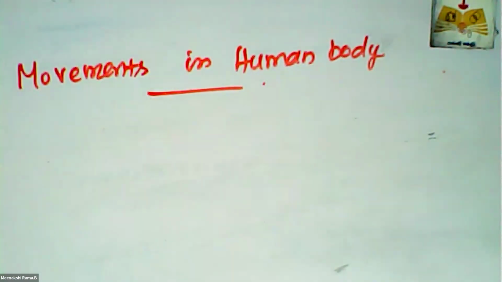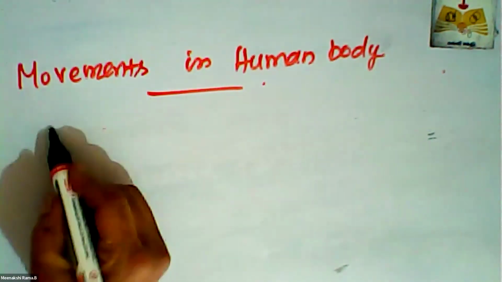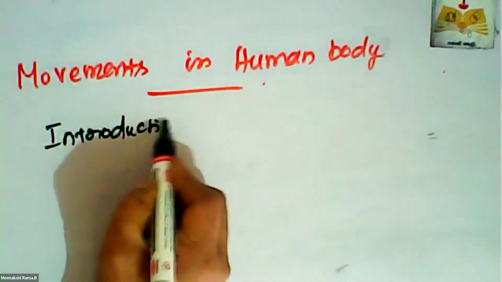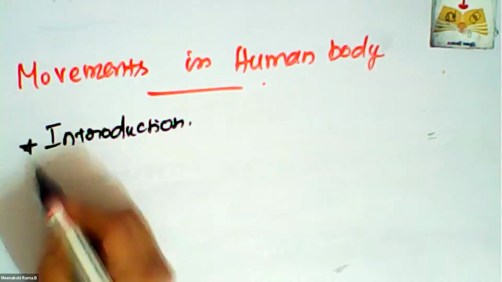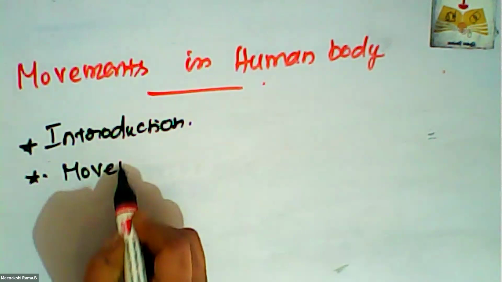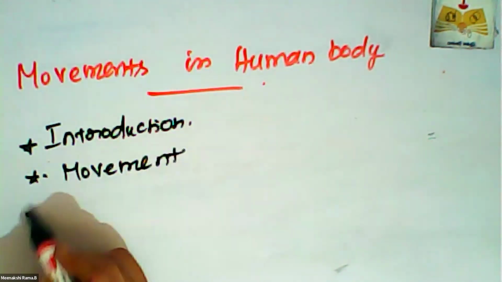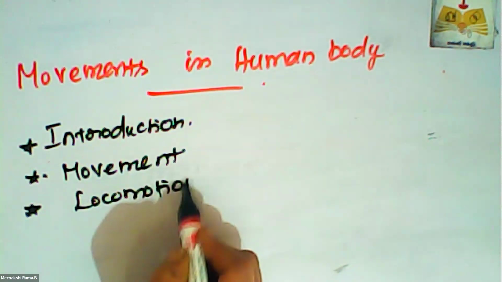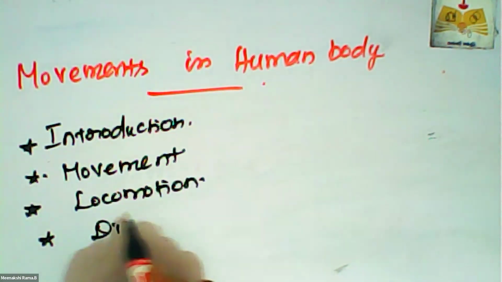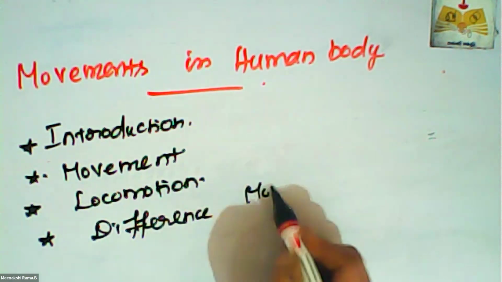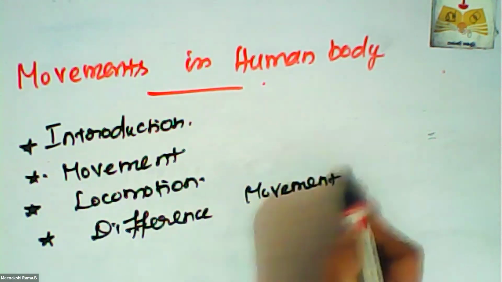What are the topics we learned today? The first one is the introduction part: what is movement? And then the second one is movement and locomotion. What is movement? What is locomotion? And the next one is the difference between movement and locomotion.